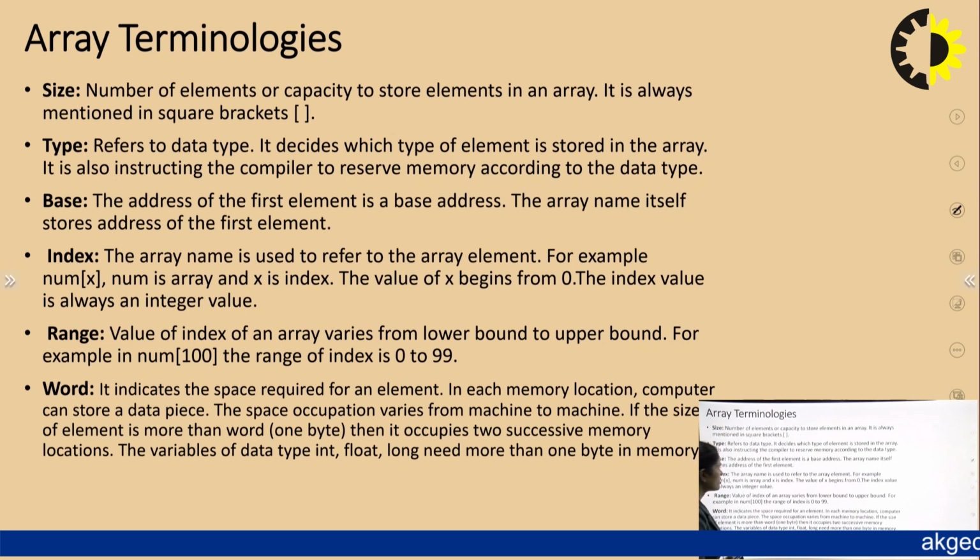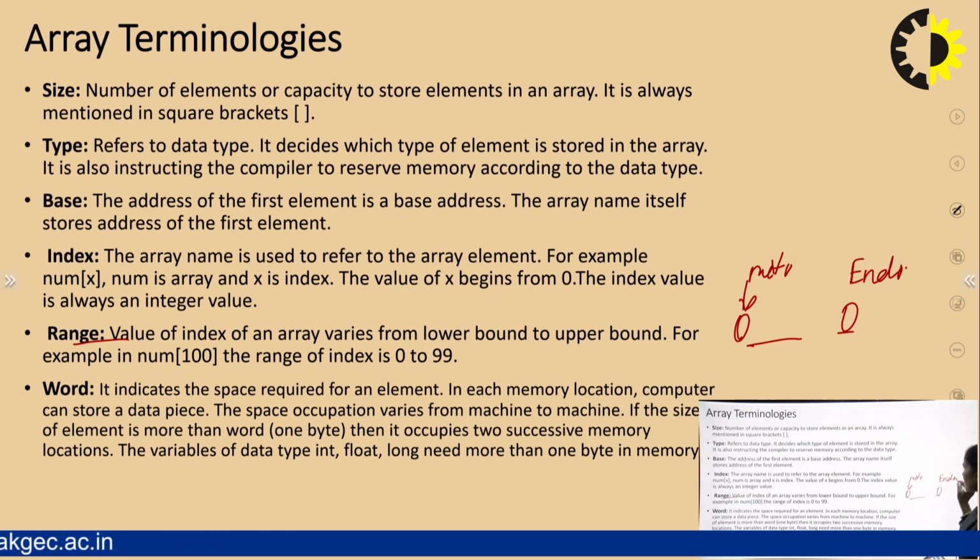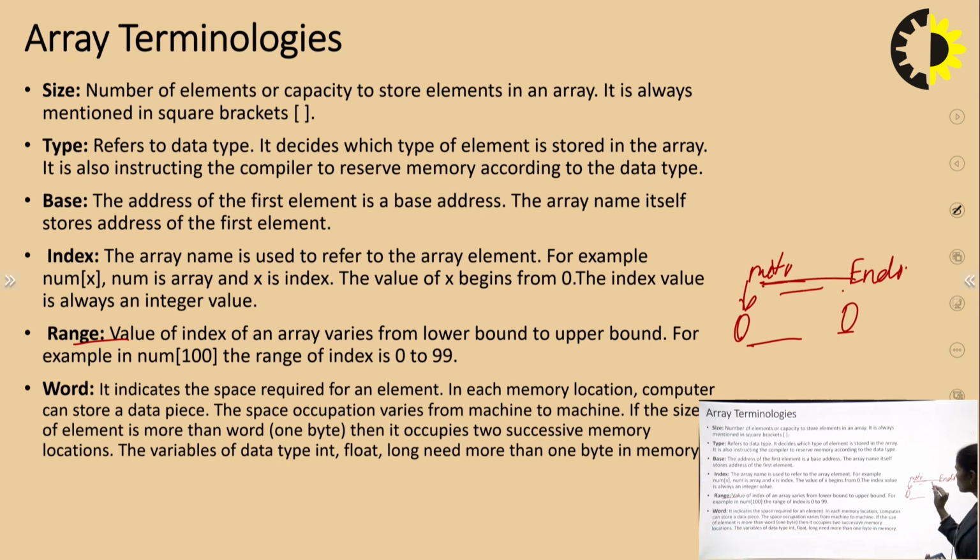Range is nothing but some initial and ending point, right? An array has an initial index and an ending index, and what lies between the initial and ending is known as the range. Are you getting my point?